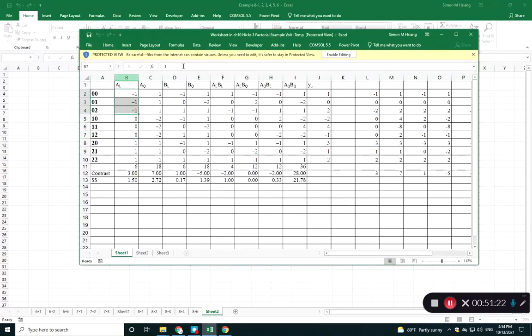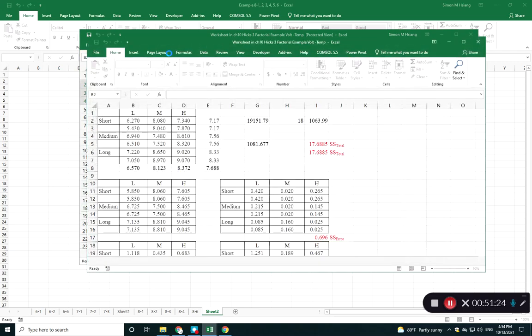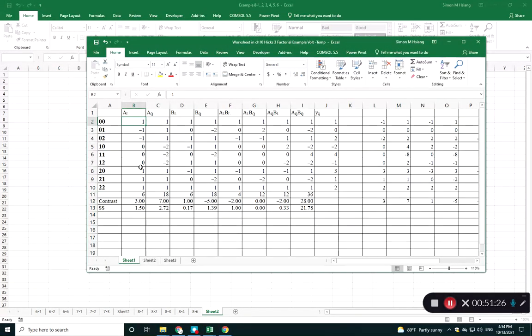So, low level, medium level, high level, no problem, right? And then I'll have a low, medium, and high.